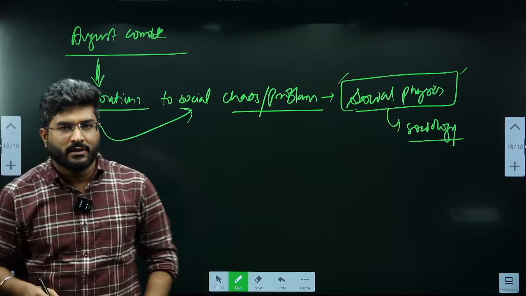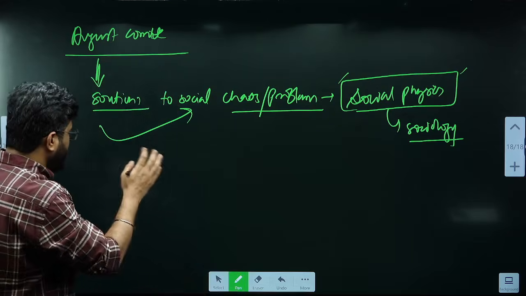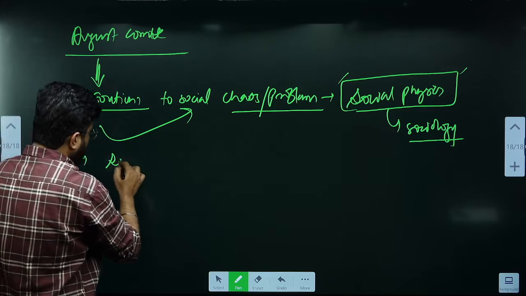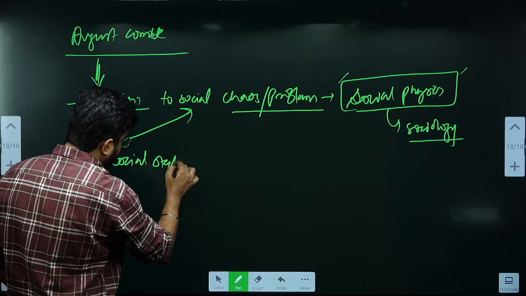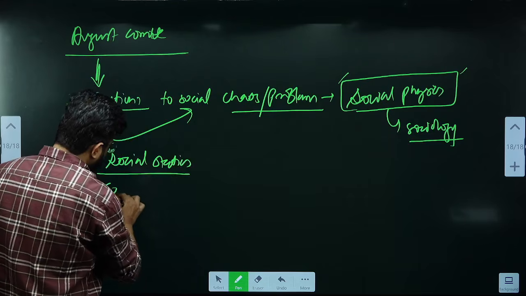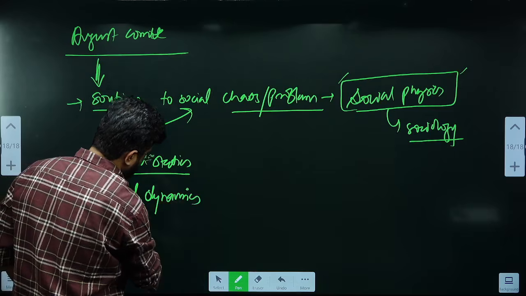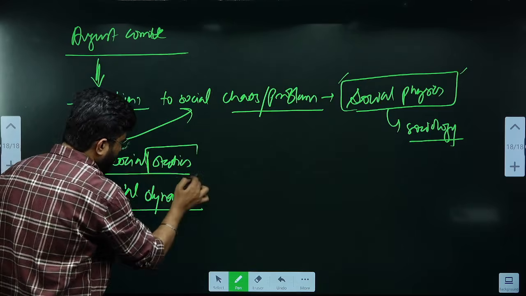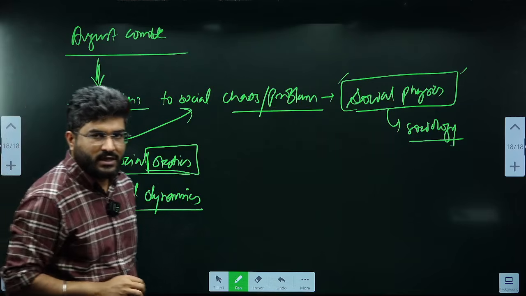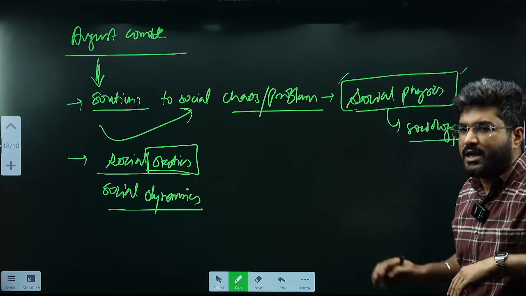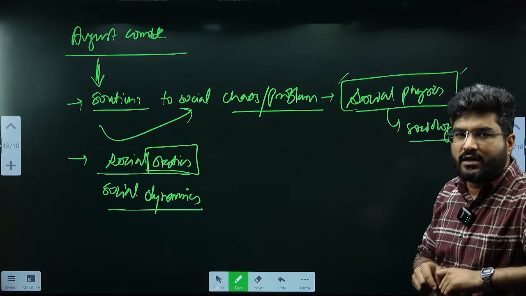Okay. He says that as society has been moving, society has been changing, there is one, social statics, and the other, social dynamics. What does social statics mean here? That a few things are static in society. Just like a few things are static in physics, mathematics, etc., there are a few things which are static in society. What are those?